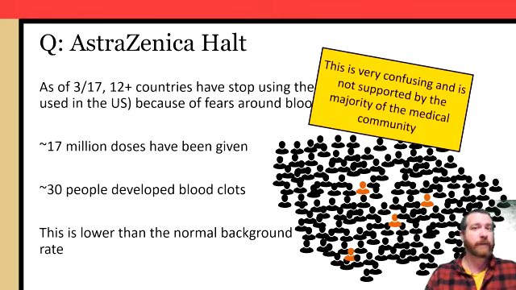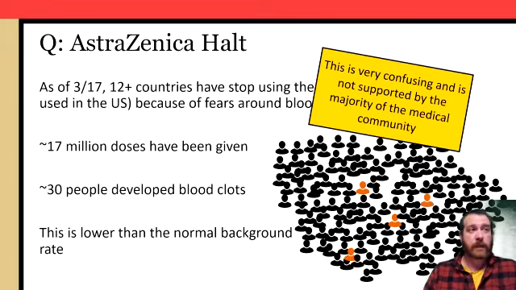So the publicly available evidence right now would show that AstraZeneca actually protects people from clots, because blood clots happen all the time, irrespective of vaccines. Additionally, coronavirus has a tendency to cause blood clots in people.